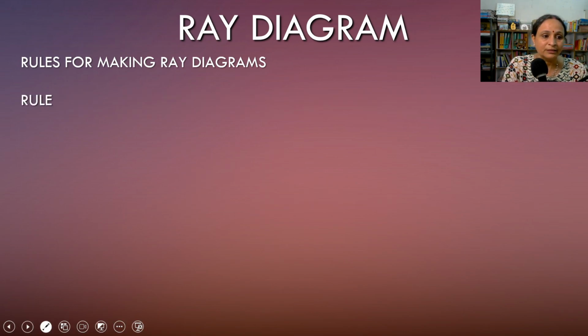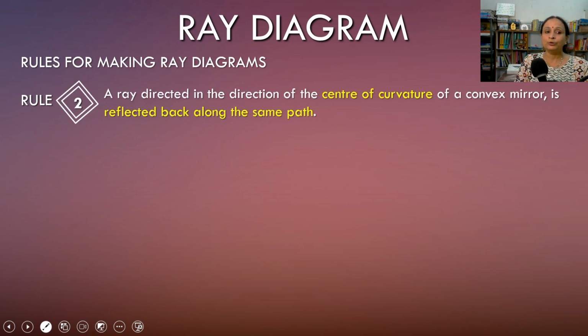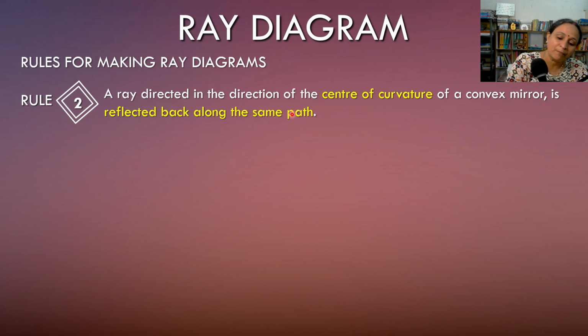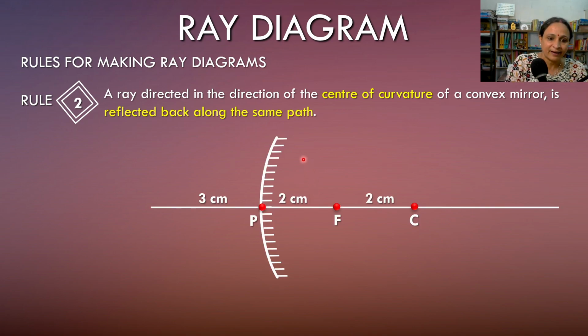So rule number 2. What is the rule number 2? A ray directed in the direction of the center of curvature of a convex mirror is reflected along the same path. Now, let's look at the diagram. Convex mirror, focus, center of curvature, and an object which is placed in front of it. The ray is coming from the point A, hitting the mirror.